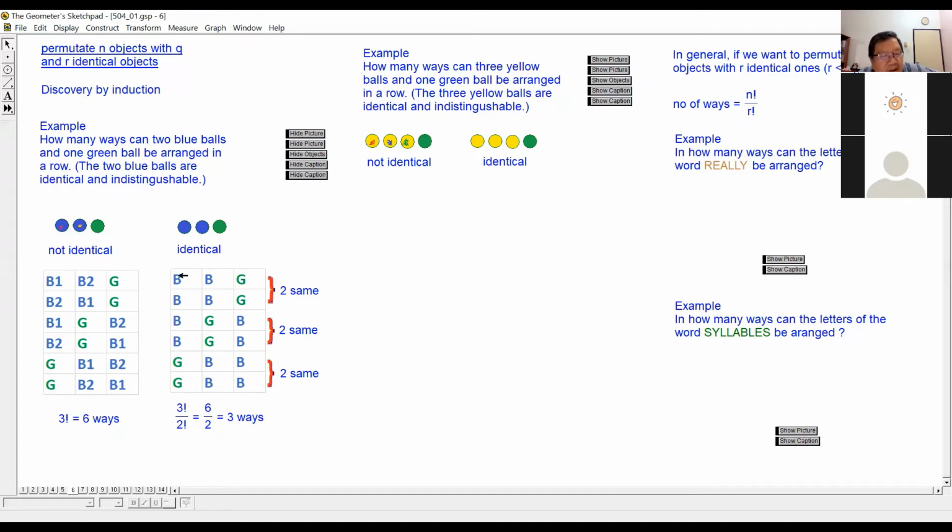Can you count this? 1 way, 2 ways, 3 ways. So I see how many identical balls, and I divide by the number of identical balls factorial. Any question?